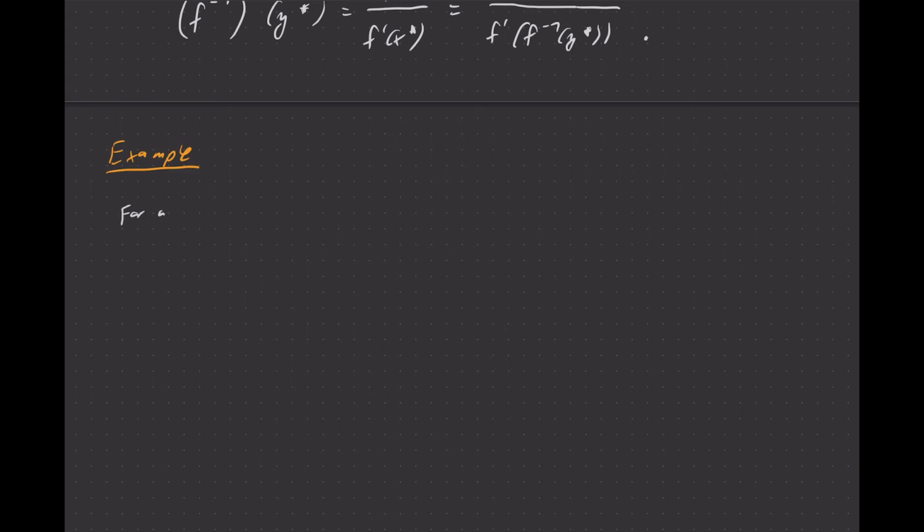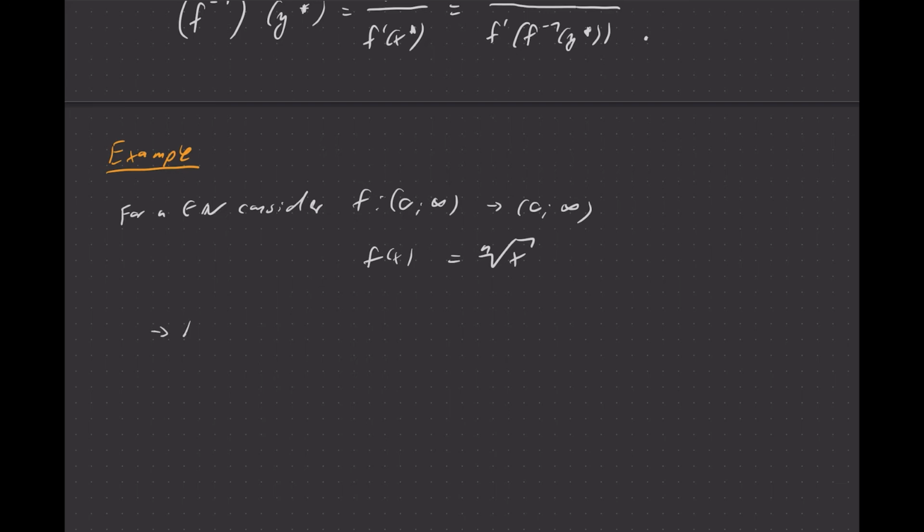So more precisely, for n in N, we consider a function f defined on the open interval from 0 to infinity, maps to the interval from 0 to infinity, and that's defined as f of x equals the nth root of x. Now, that is, of course, a bijective function, and the inverse is simply the nth power.